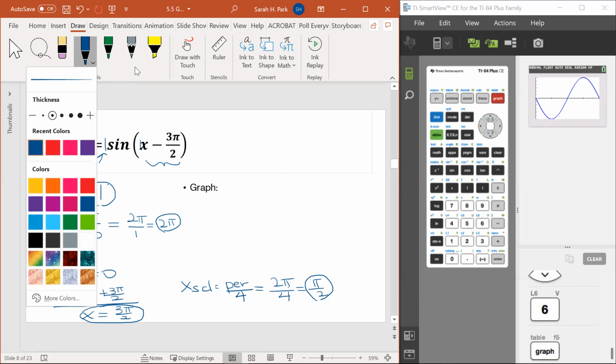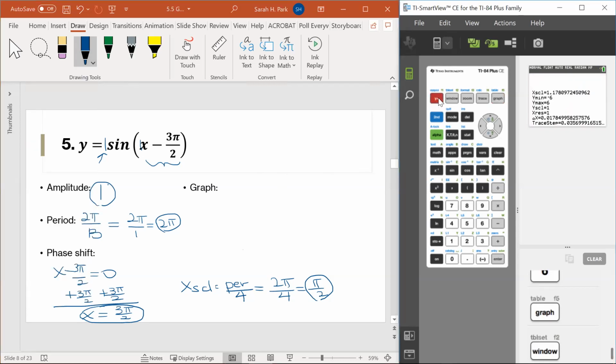If we were to graph this, type this in as sine of x minus 3 pi over 2, with the parentheses.